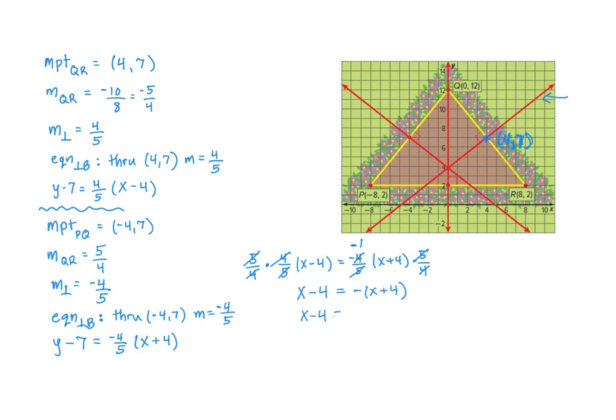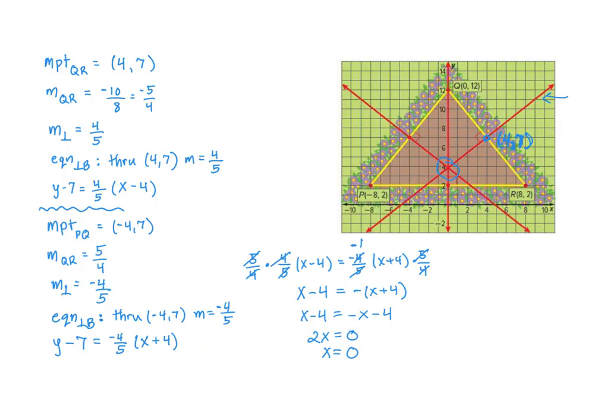Distributing, we get negative x minus 4, and then 2x equals 0, so x equals 0. And so the x coordinate of my point of concurrency should be 0. I hope that makes sense from the diagram because it's right on the y-axis. So the question is, how do we find y?